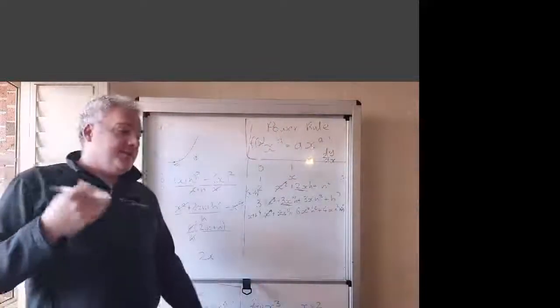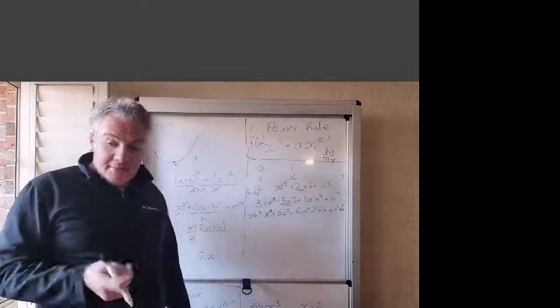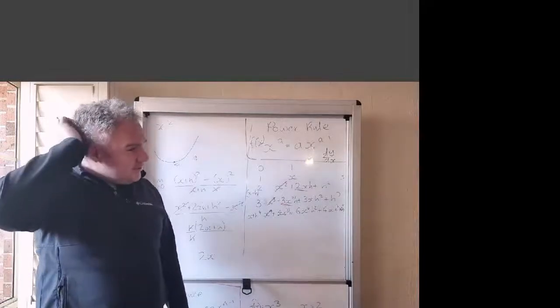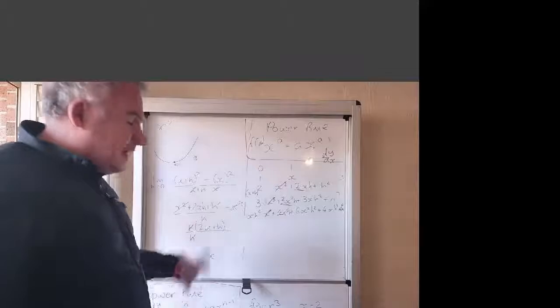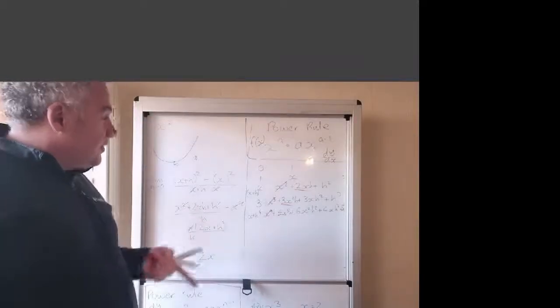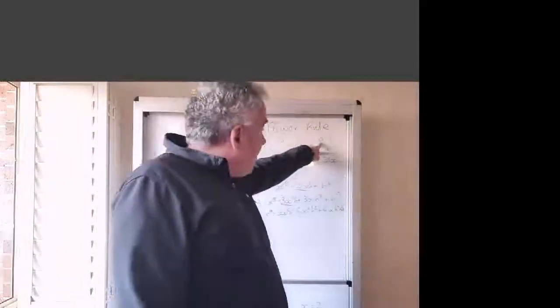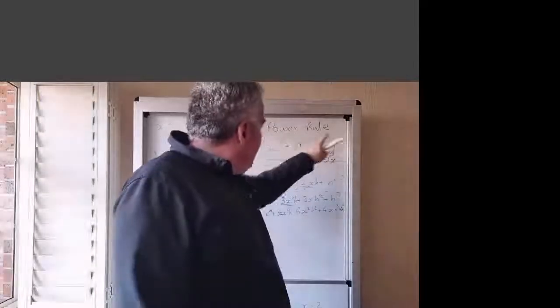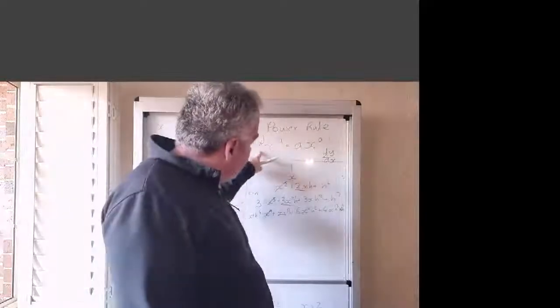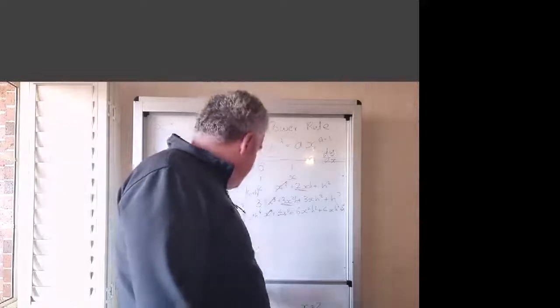Okay, when you see dy/dx of something, you've got to find the derivative. Okay, that's a bit of notation. Power rule comes from Pascal's triangle. The more you understand Pascal's triangle, the more you'll get the power rule. Okay, it's essentially whatever's up here, times it by the front, and then take one off, and you can't go too far wrong.